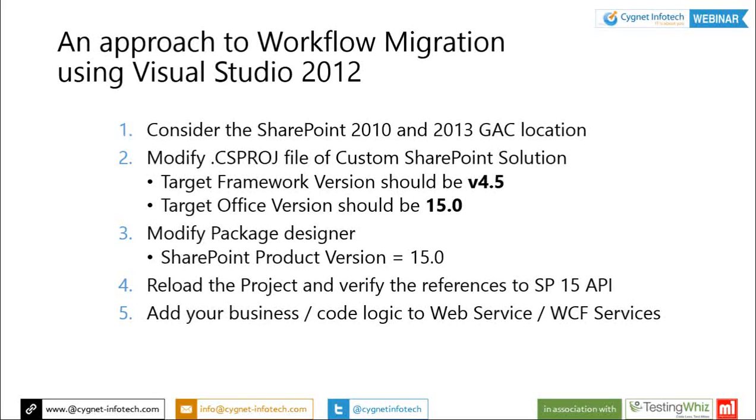There you need to change certain things, like the framework version, which has to be changed to 4.5, and you need to add a tag into the CS Proj file of the SharePoint Visual Studio 2010 project, that is, target office version should be set to 15.0. Along with that, you need to change your package designer, where you will find one attribute, the SharePoint product version, and you need to set it to 15. For 2010 it was set to 14.